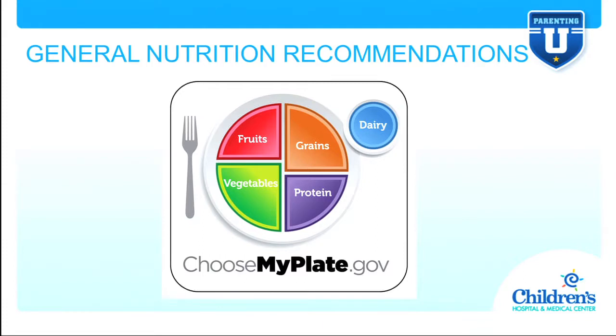And then protein, which are basically your meats and your fish and some dairy products. And then also your cup of milk. So I like this because it's very visual for kids, and it's an easy way for parents to figure out, okay, I've got the food groups covered, and these are pretty good proportions.